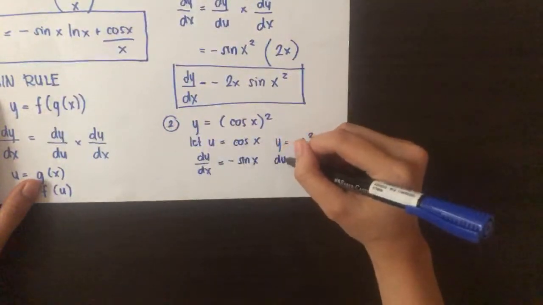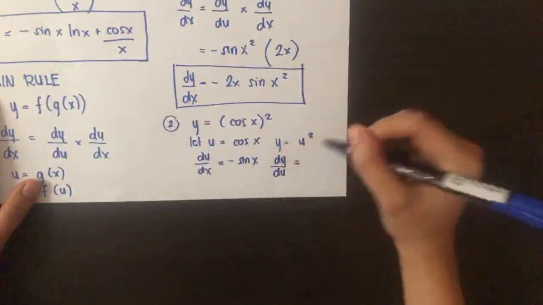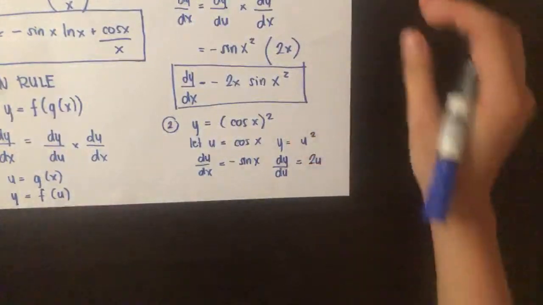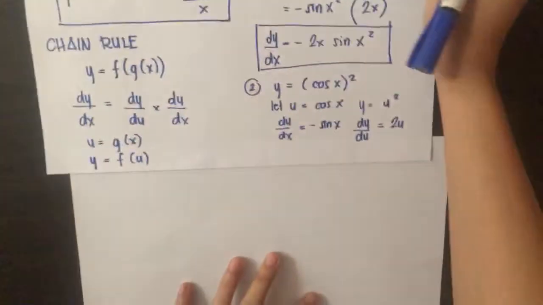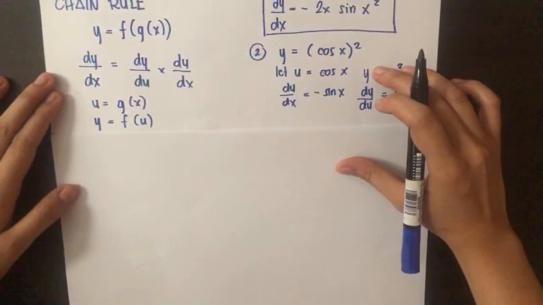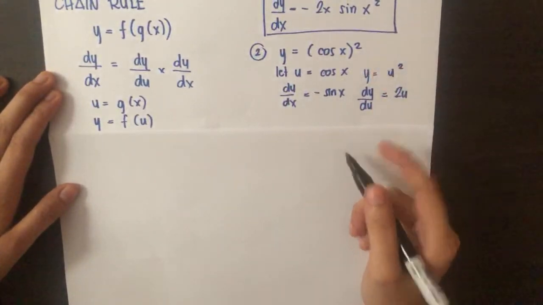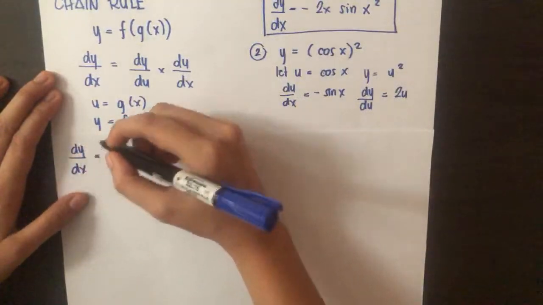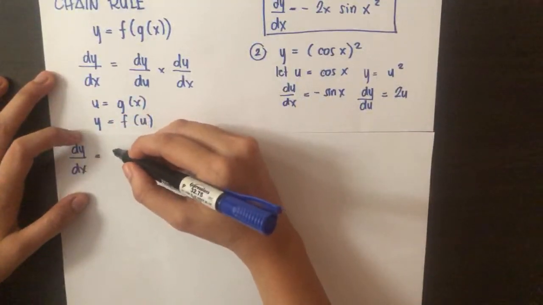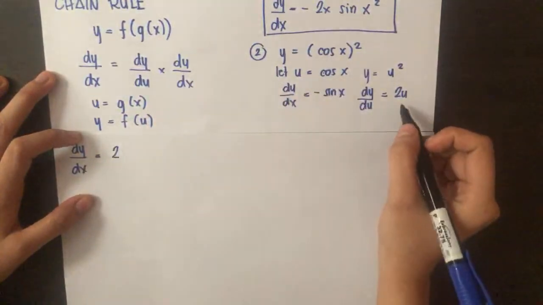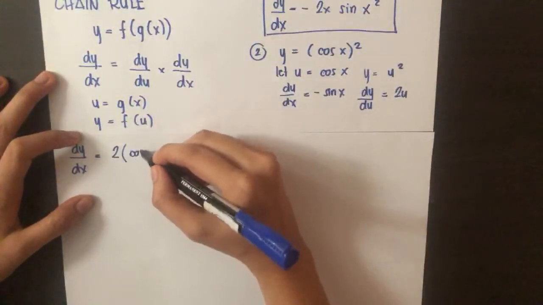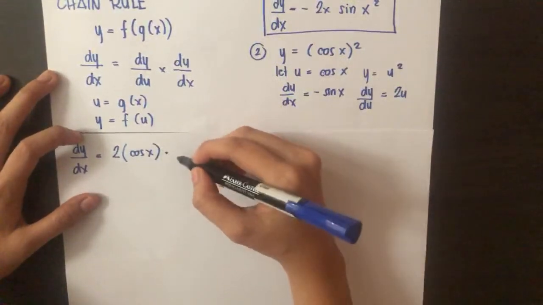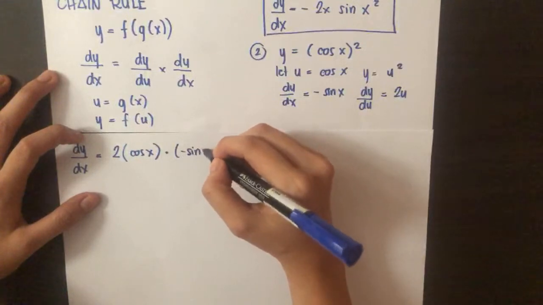And the derivative of dy with respect to u is 2u. Substituting sa ating formula, we have dy over dx is equal to 2u, which is cosine x, times du over dx, which is negative sine of x.